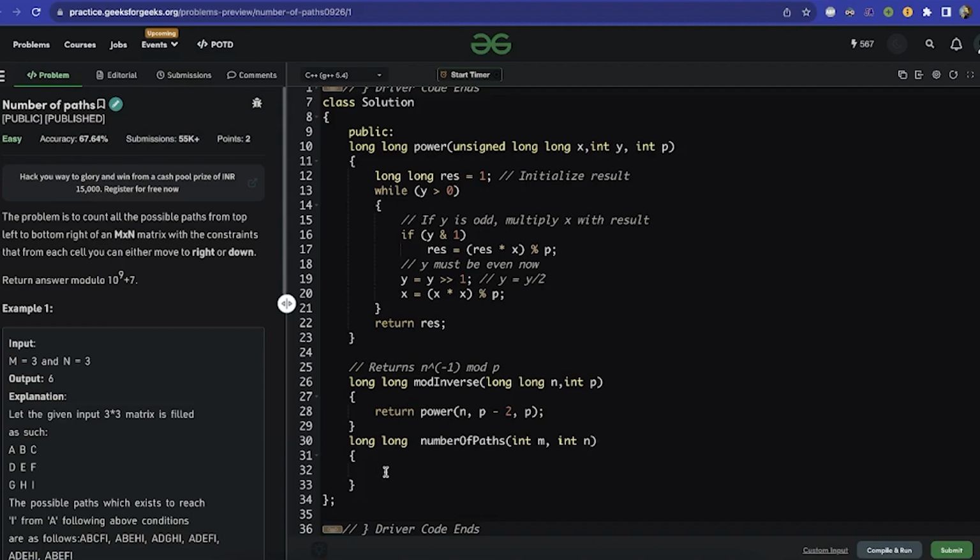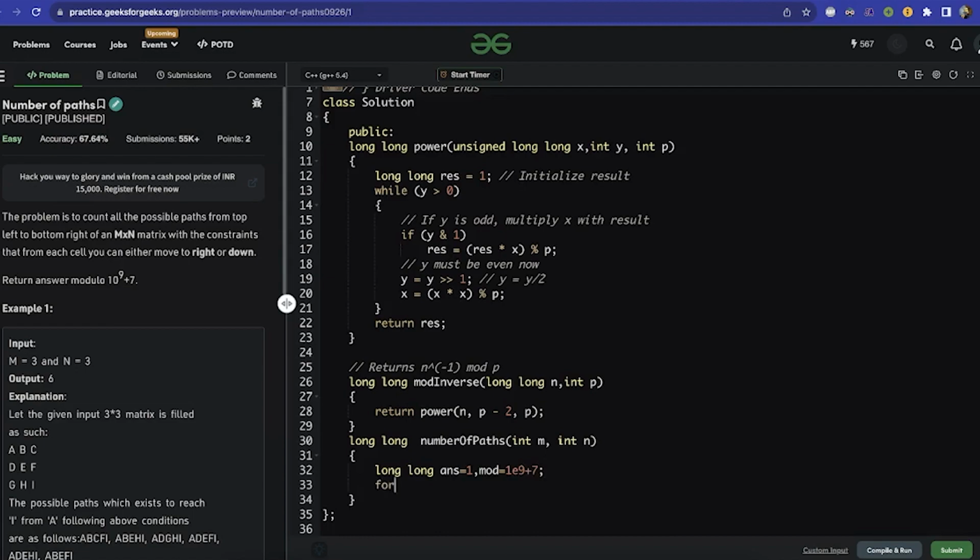Now we would have the initial answer: long answer equals 1, because we would be multiplying, and then we would have long mod equals 1e9 plus 7. You can declare it in the global space too, because that won't change.